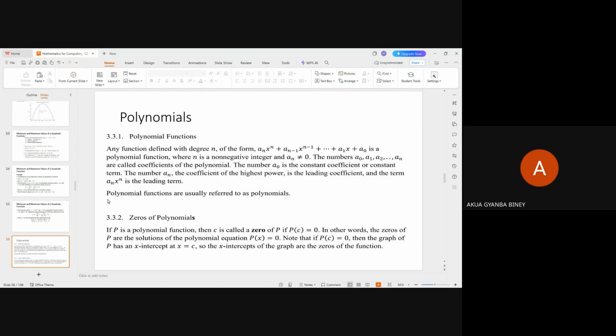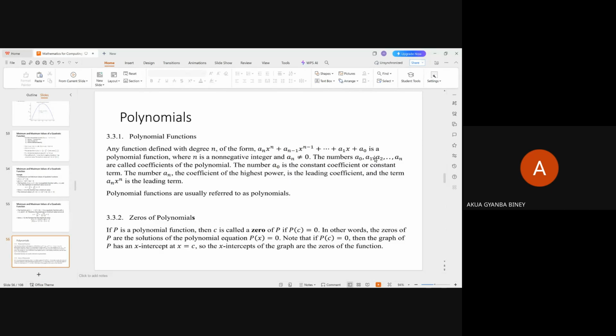Any function defined with degree n of the form a_n x^n plus a_(n-1) x^(n-1) all the way to a_0 is a polynomial function, where n is a non-negative integer and a_n is not equal to 0.